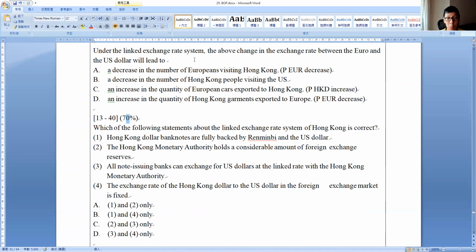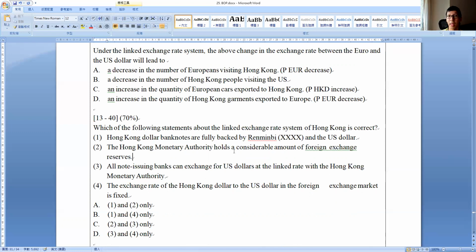A lot of people know what they are doing. So which one is correct? Now first, Hong Kong dollar banknote are fully backed by US dollar. Yes. Renminbi, no, nothing to do with renminbi when we talk about linked exchange rate system. 我哋係同美金掛鈎啫嘛，唔係同人民幣掛鈎喎，好嘛？ Now second, Hong Kong MA holds a considerable amount of foreign exchange reserve. Yes, this is true.